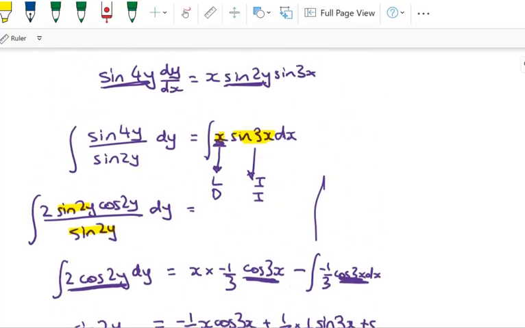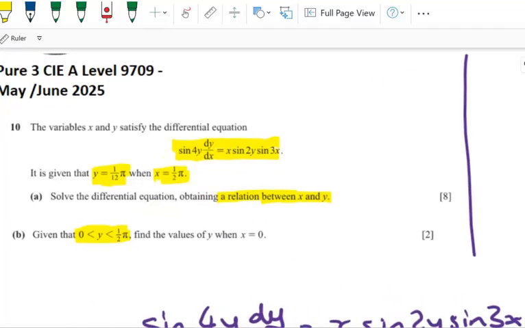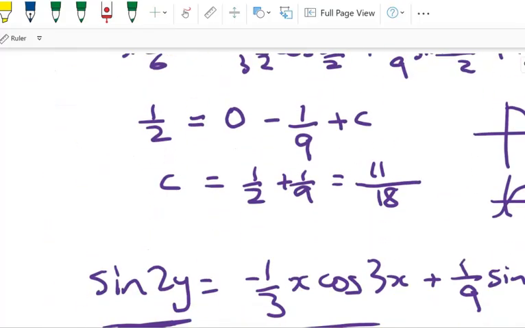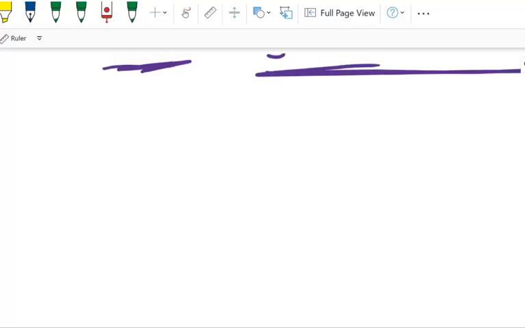Let's look at this last bit of 2 marks. We have to find the values of y when x is equal to 0, when y is in our first quadrant. So I didn't use general solutions here because I felt like that was way more than I needed to do. So y is in quadrant 1, and we want to know what y is when x is equal to 0.